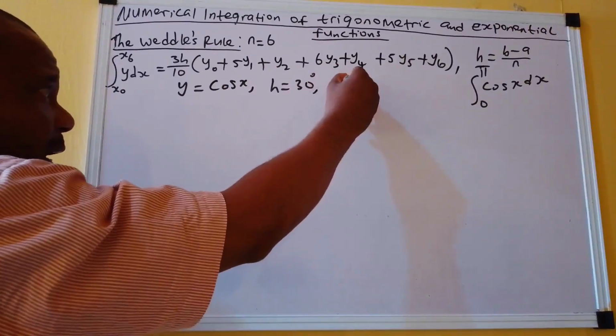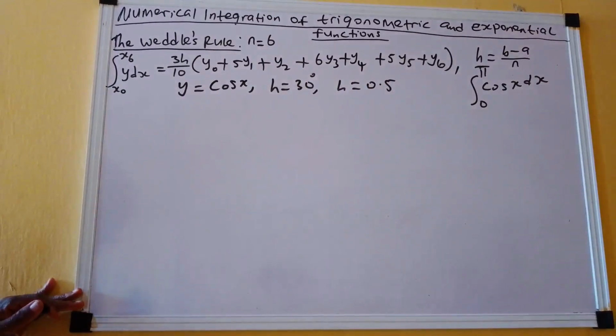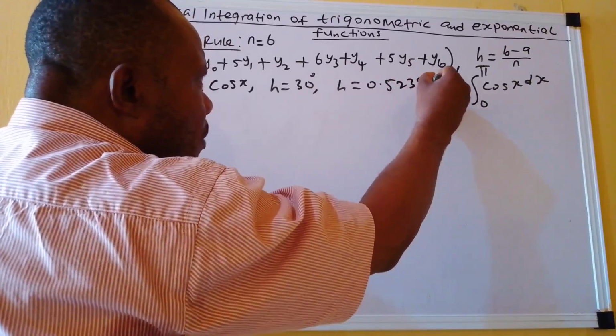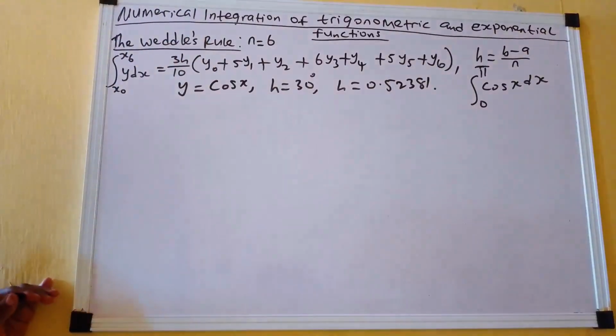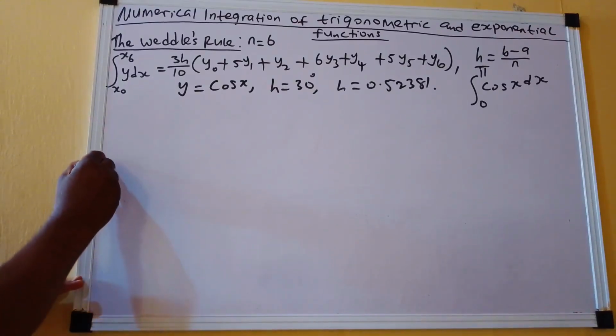So h in degrees is 30 degrees, and h in radian is 0.52381. Take note of that. So we have the value of h in degrees and h in radian. Now let us go ahead and create our table in x and y.